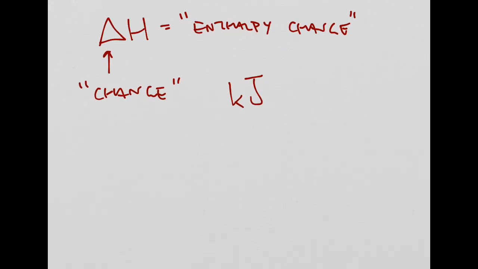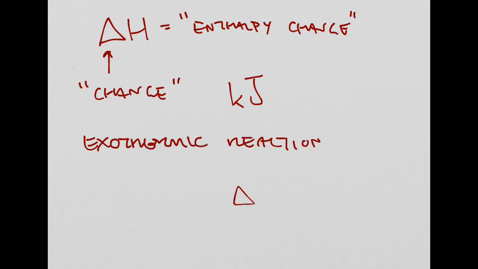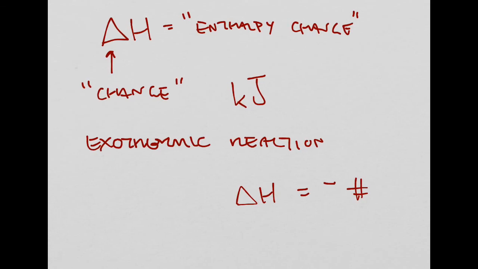So if we're looking at this in terms of our exothermic and endothermic reactions, in an exothermic reaction, overall, we actually have a delta H that is a negative number. That may seem counterintuitive, but don't forget that what this really means is that you're losing heat to the environment. So it's a loss, and that's why it's okay to see, I hope for you, a negative number there.